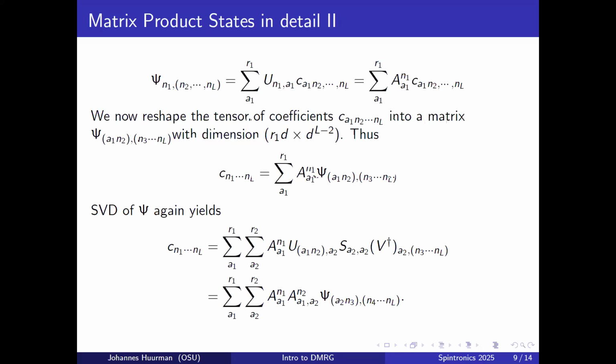But we have this first sum, A1, which is over the bond index, but now we're introducing another bond index. Every time you do SVD, you introduce another sum over this bond index. A question we might have is, why does the bond index matter? The bond index is quantifying the entanglement of the states in the system.